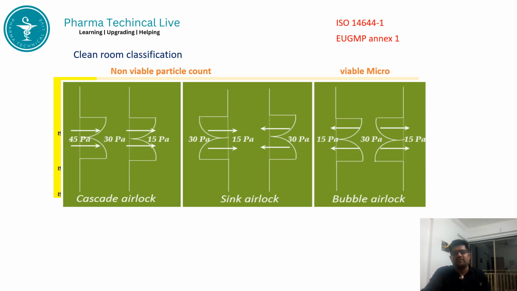There are three types of airlock generally used: cascade type, sink airlock, and bubble airlock, where the airflow patterns are like a gradient type, like 45 Pascal, 30 Pascal, 15 Pascal. So air from the higher clean area moves to the lower clean area. In sink type, air from both areas gets into the airlock and is taken out from the area.